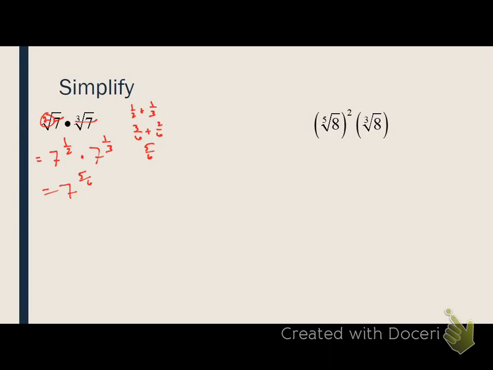Same thing for the other guy. The index for our radicals are not the same, so rewrite. Then we go through and add our exponents together. Get like denominators.